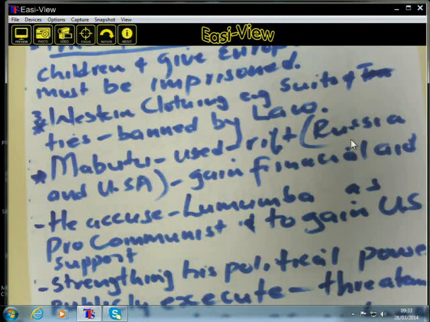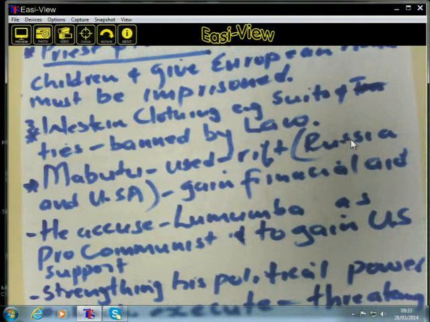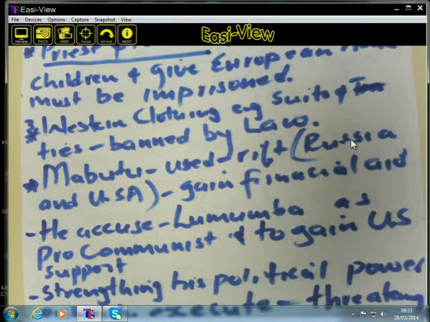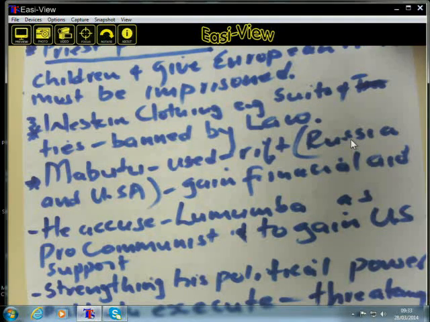In trying to gain US support, he accuses Patrice Lumumba as a pro-communist because he wanted to gain financial aid from the Western countries. We said he used the rift between Russia and the USA cleverly, whereby he accuses Lumumba as pro-communist.